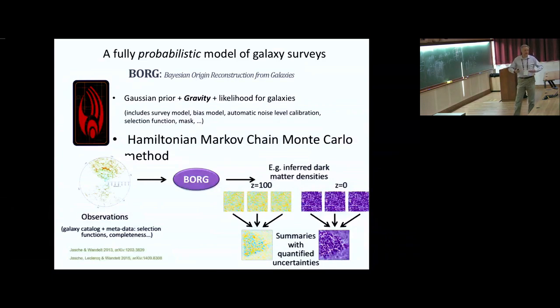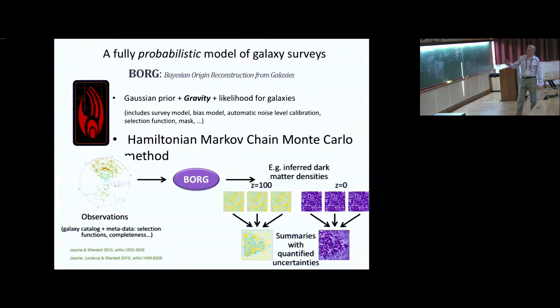Then we say the galaxies somehow derive from this underlying non-linear, non-Gaussian matter distribution. And then we model the survey in terms of the survey geometry, for example, like this, right? The selection function of the survey, the number of galaxies, the bias, so there's the mask, all this stuff.